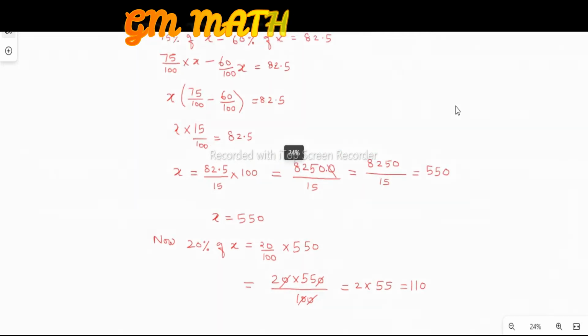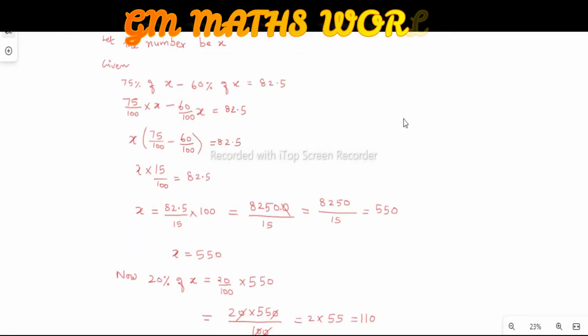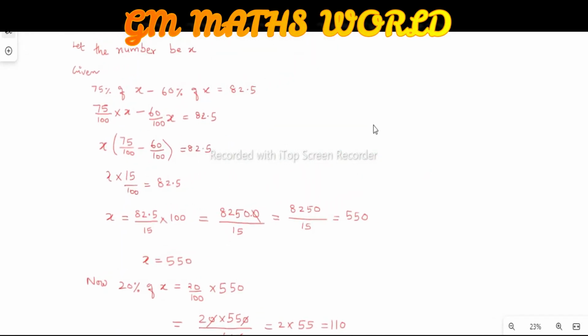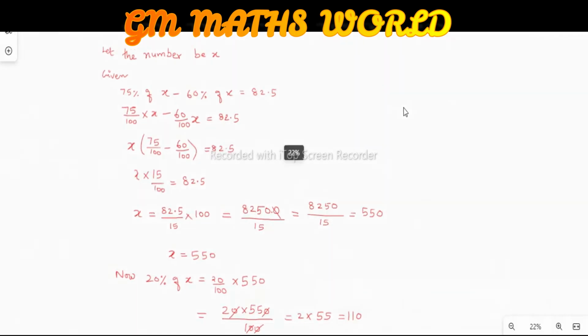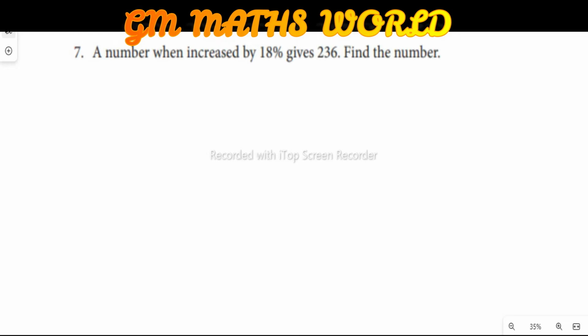The 20% of the 550 is 110. We have to write like this. And the next problem is the seventh problem.